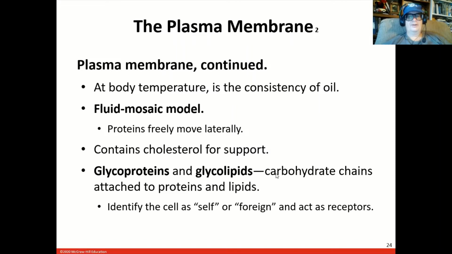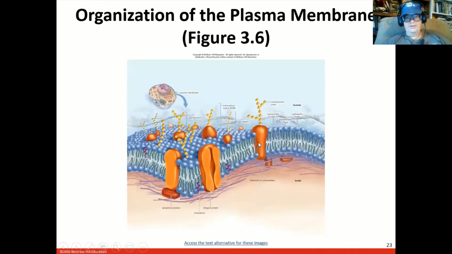Glycoproteins, glycolipids, you can see the word protein, so that makes sense. It's got protein in it. Glyco means sugary. What we're talking about are these things here. This is a glycoprotein. It's got a protein part that's in the membrane. You've got a sugary extension that's sticking up, a carbohydrate extension that's attached to that protein sticking out.